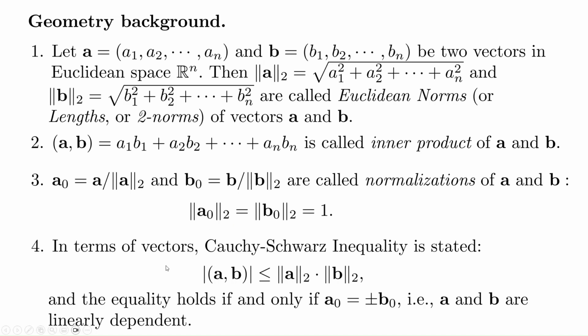In terms of vectors, the Cauchy-Schwarz inequality is stated as follows. The absolute value of the inner product of two vectors is less than or equal to the product of their two-norms, and the equality holds if and only if the vectors are linearly dependent.